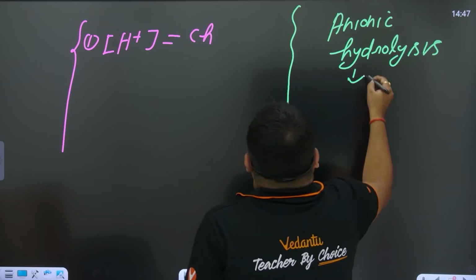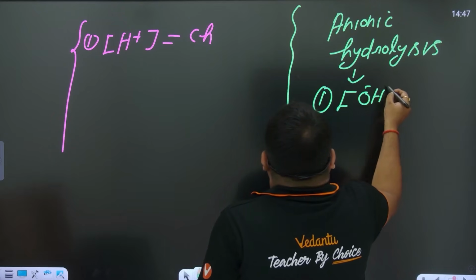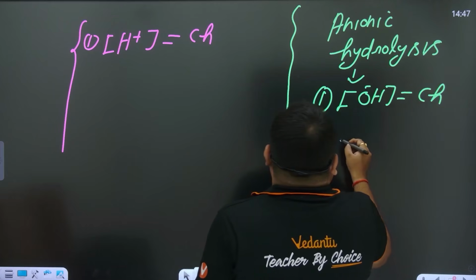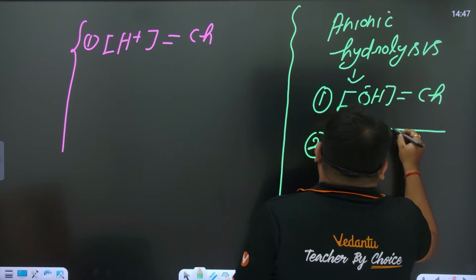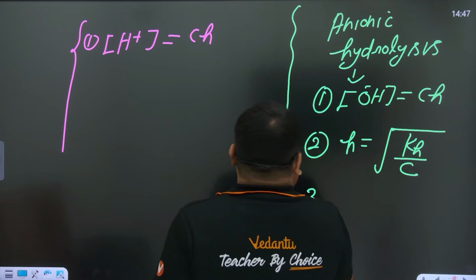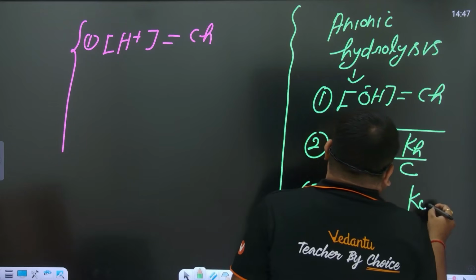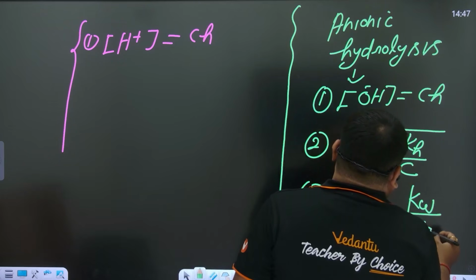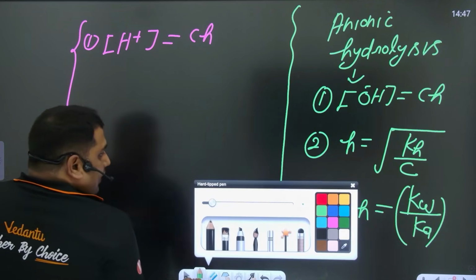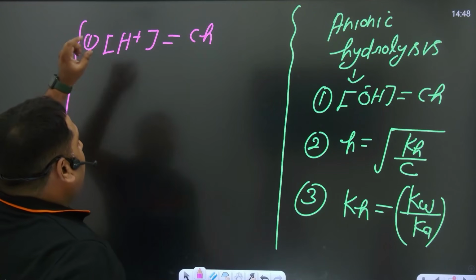So in anionic hydrolysis, you first calculate the concentration of OH, that is equal to Ch, and then you have to calculate the value of h, this is equal to under root Kh by C, and then you have to calculate the Kh value, and Kh value is what? Kw by Ka.